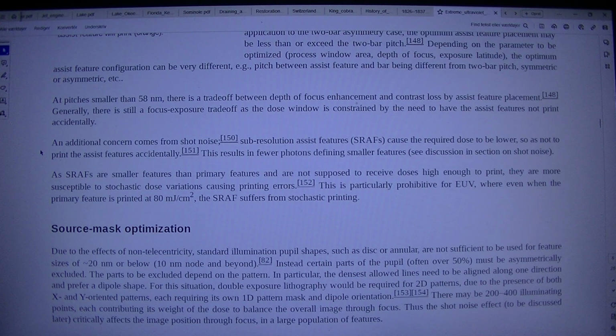There may be 200-400 illuminating points, each contributing its weight of the dose to balance the overall image through focus. Thus the shot noise effect, to be discussed later, critically affects the image position through focus, in a large population of features.